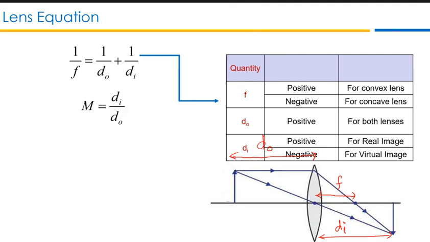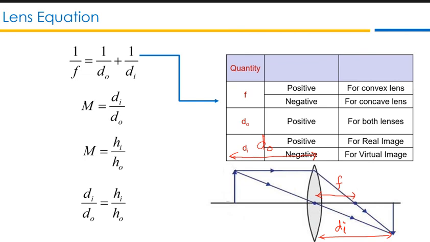We define another quantity called the magnification, which is the ratio between DI and DO, and this can also be defined in another way, as the ratio of the heights of the image and the object. Because both define the same thing, we can write them equal to each other. So the ratio of distances of the object and image is the same as the ratio of their heights, and this is called the magnification.